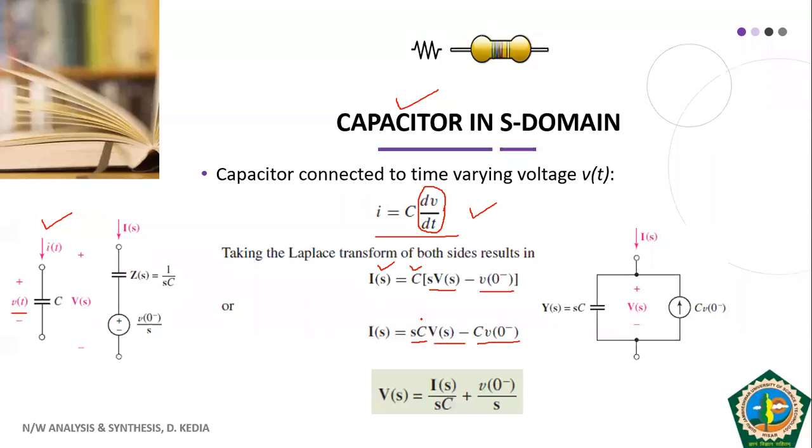So this is the equation in terms of current, but in a capacitor we are more comfortable with the voltage expression because your capacitor tries to preserve the voltage that it initially has. So if you obtain the value of Vs, you get Is by Cs plus V0 minus by S. So for a capacitor, this will be a better representation.